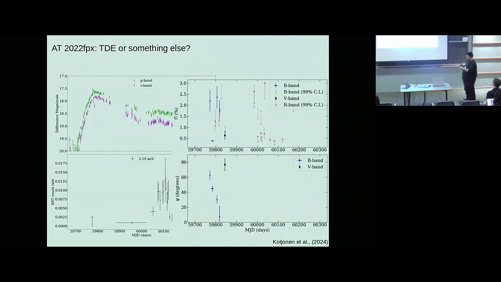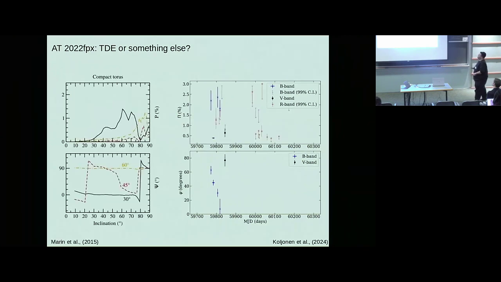One other interpretation we've been toying with, just because it's fun to do, is that you have a very compact, clumpy torus in your system. These are simulations that have been done for AGN, and this is again polarization degree and angle, but this time versus the inclination of the system. One value of the inclination will give you one value for the polarization parameters.